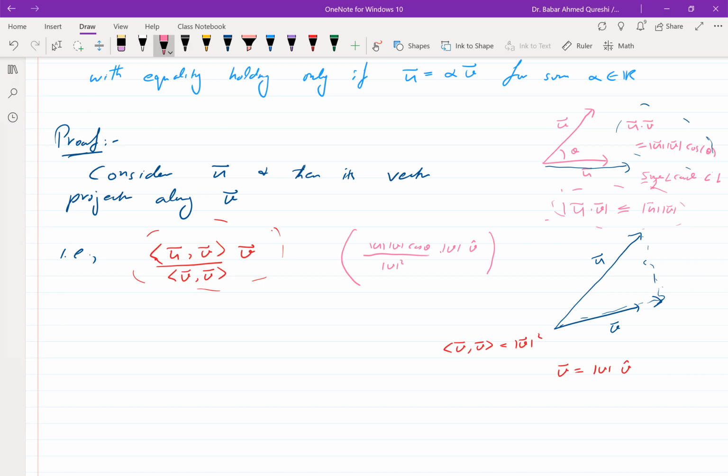The v lengths all cancel and you get the length of u times cosine theta. So it gives you the component of u along v, and you make it a vector by giving it a unit vector. So this object, if written for geometric vectors, would give you the projection of u along v, and you just give it the same name.